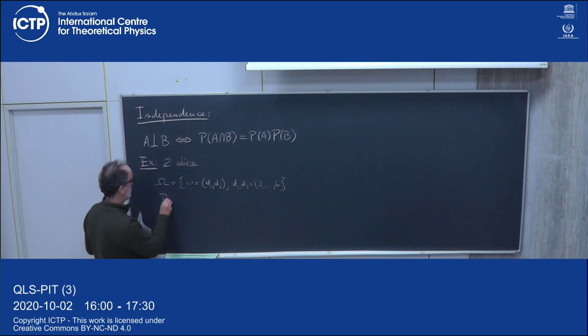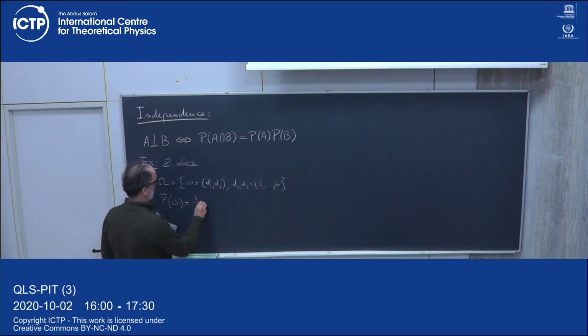So the probability of any omega is equal to 1 over the size of omega, which in this case is 1 over 36.